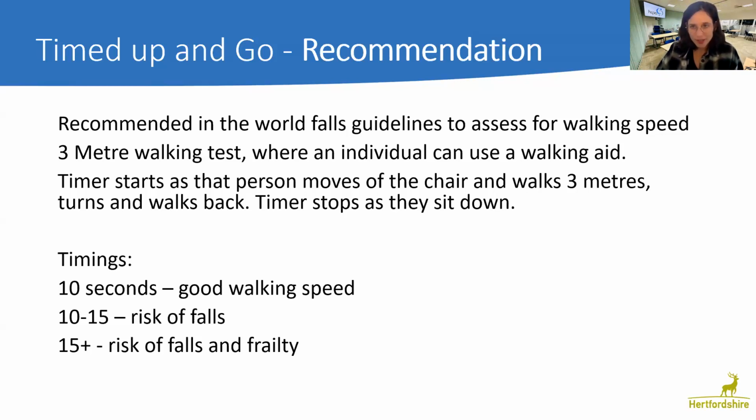We should be looking at this as part of our monthly risk assessments, at where somebody's at with their walking. Because what I hear all the time is things like, well, they're slowing down, they were walking, now they're not. Well, why was this not identified quickly or earlier? So it's part of the recommendations, part of the evidence, to look at walking speed as part of falls and frailty.